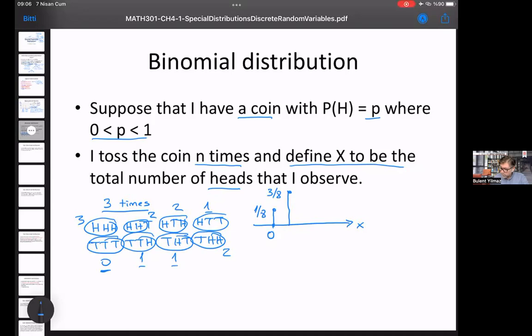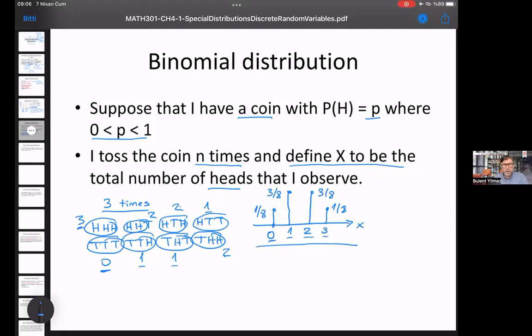Again, for 2 heads, it's 1, 2, and 3, so 3 over 8. And the final one is 3 heads, which has probability 1 over 8. Okay, so that is my PMF and also probability distribution, the probability distribution of each possible outcome, 0, 1, 2, and 3.